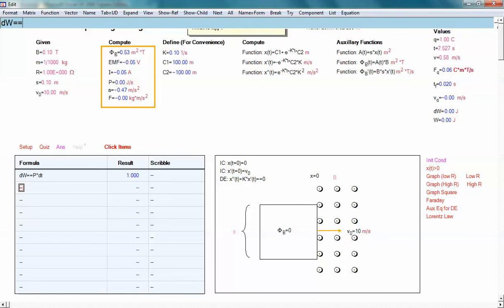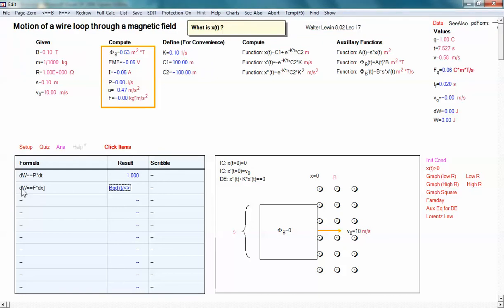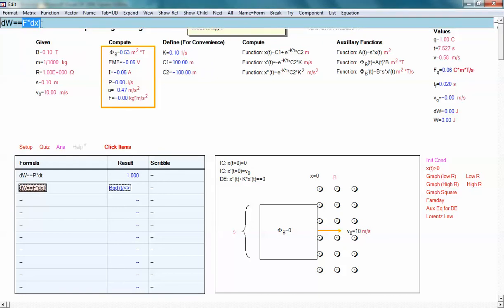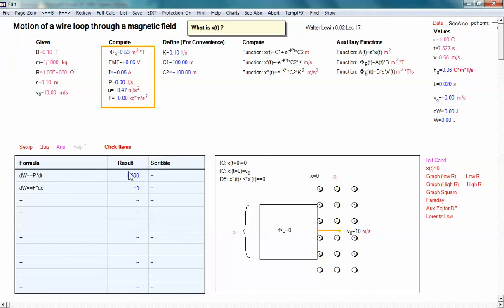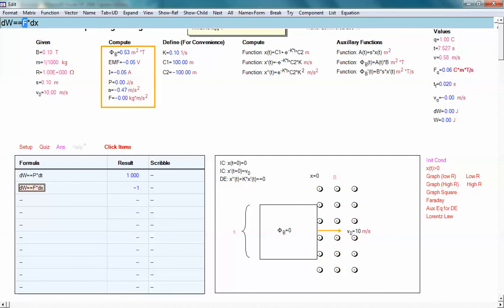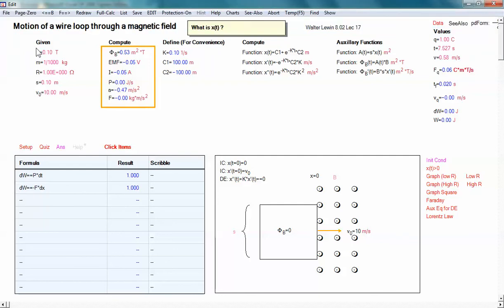It's going to be the force times the distance that it travels in that small interval of time. There's just a -1 here. That means we've got to stick a minus in there, and we'll see why in a second. But really we have to stick a minus in there because the acceleration is negative, and the power, the heat dissipated, we're just expressing as a positive concept.